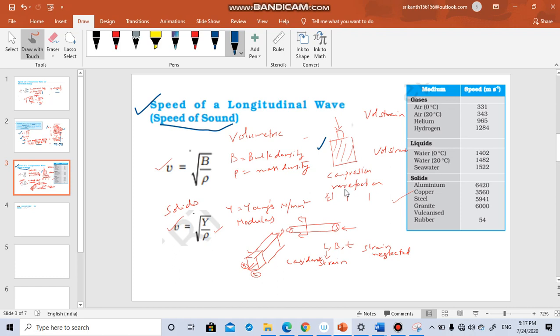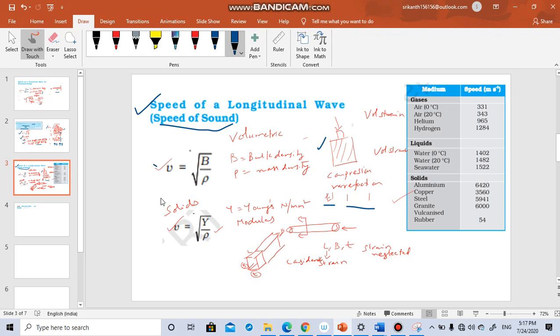This is an example of a longitudinal wave, because the piston is creating a disturbance, and that disturbance is transferred to the particles of air. Some regions will be compressed, some regions will have rarefaction. Rarefaction means they get far apart. Compression means they get closer. So sound waves are a type of longitudinal wave.